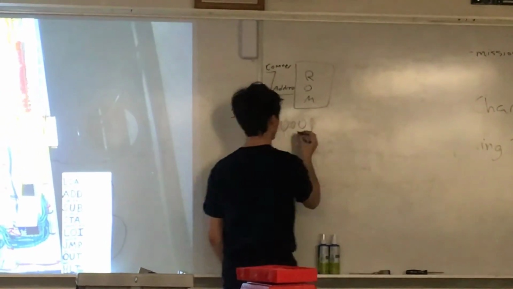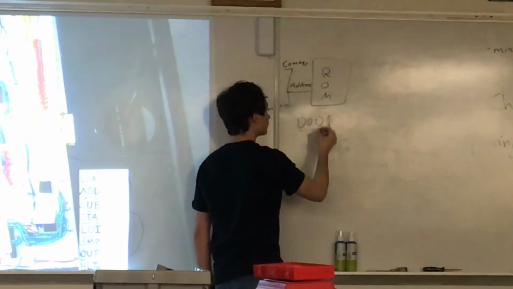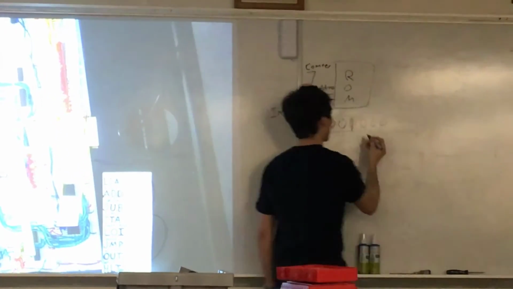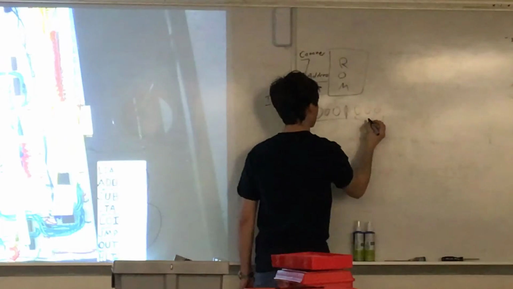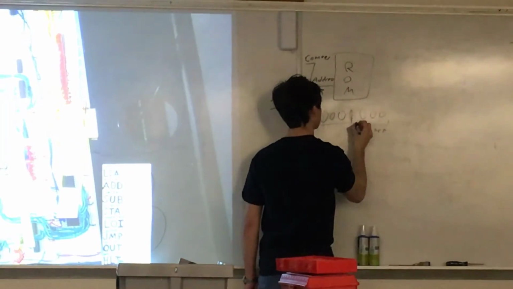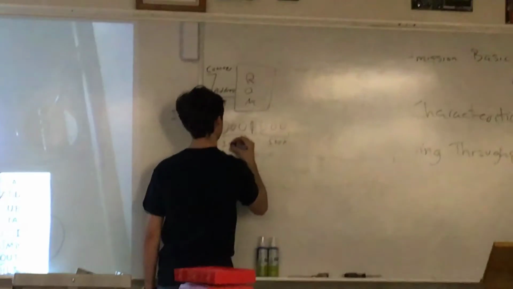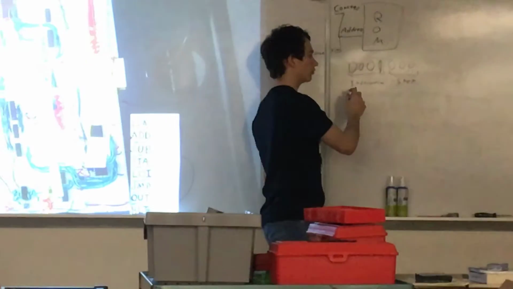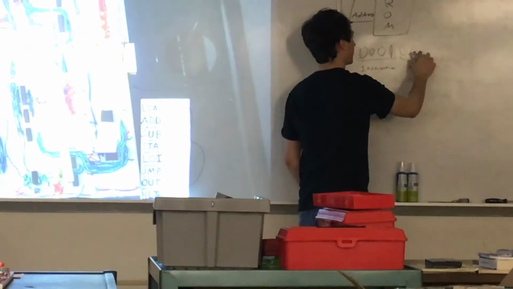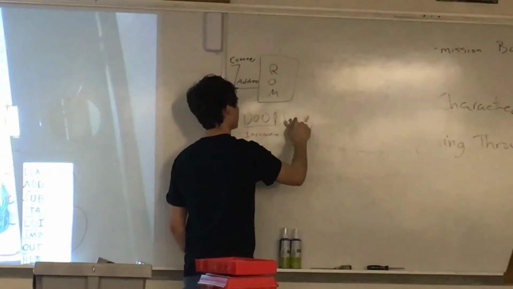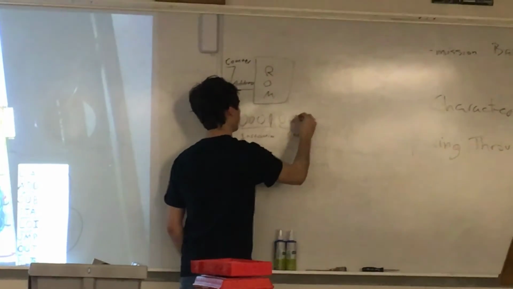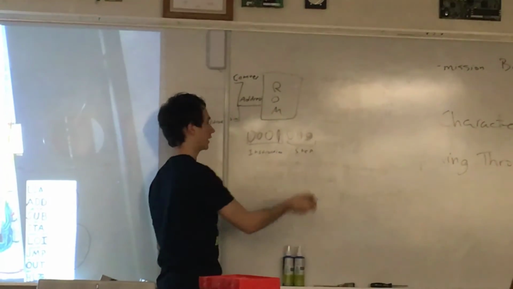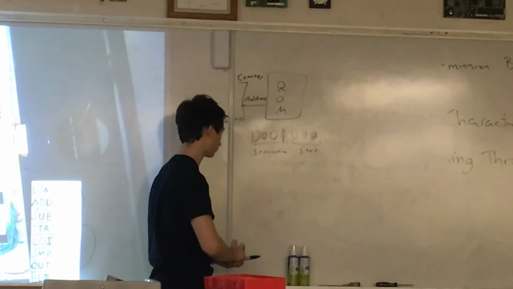So if you have 0, 0, 0, 1, that would be your instruction. The next 3 bits after that, that's going to be whatever step it's on. So if we have all zeros after this, that's the step. That's step 0. And this is the instruction. So we're telling the computer to perform instruction 1 at step 0. And then step 1, and then we can continue on from there, step 2, so on and so forth. And then when you retrieve the next instruction, it's going to go through the steps until it resets and retrieves a new instruction.